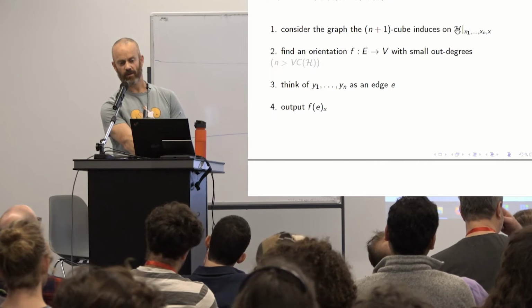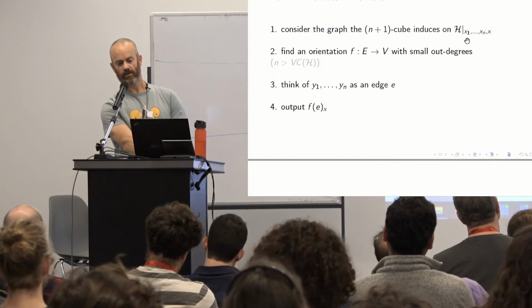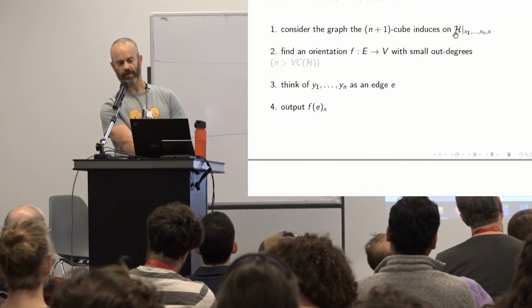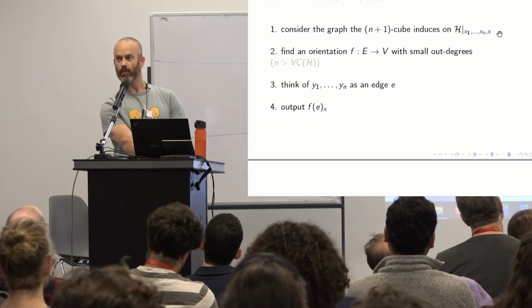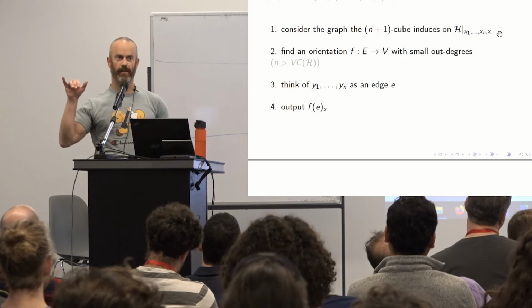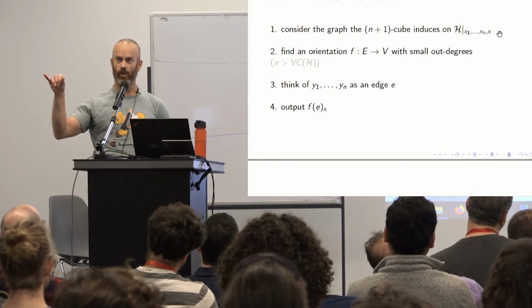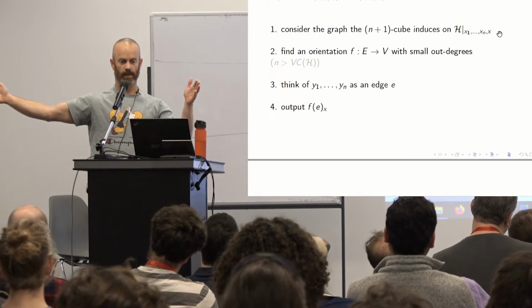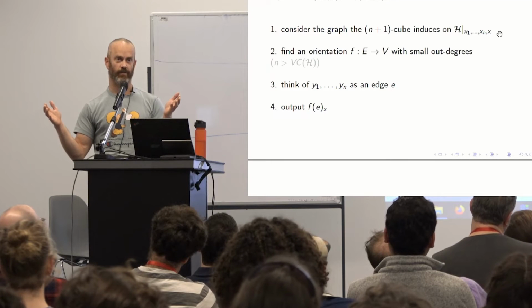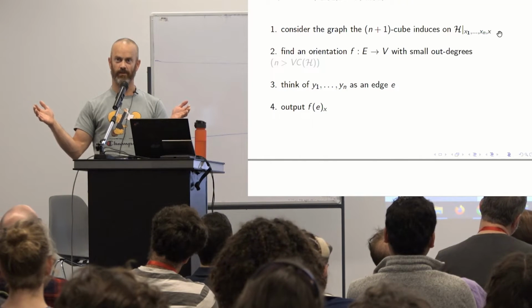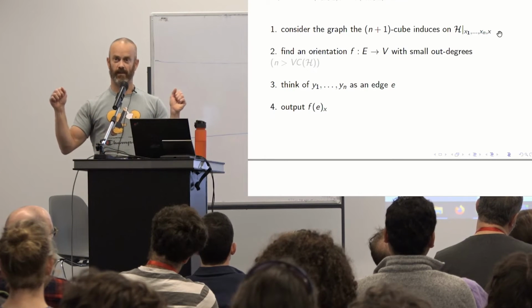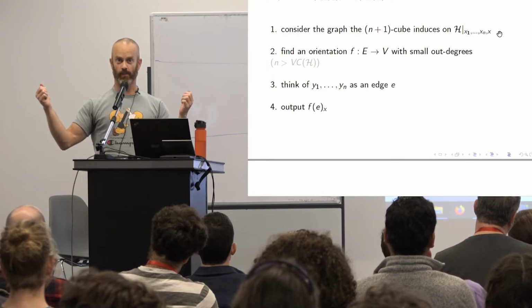The vertices: we have a collection of Boolean strings of length n+1. This is the projection of H to these n+1 points. Notice that these n+1 points have no y in them. We just project to the x part. So we have some collection of Boolean strings of length n+1, and these are vertices of the (n+1)-dimensional Boolean cube.